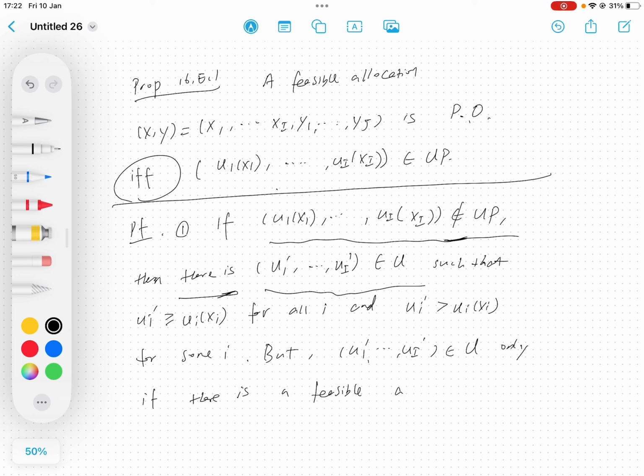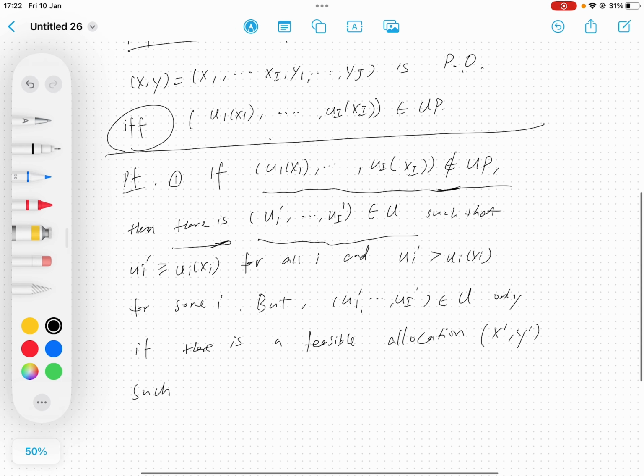But this u1 prime up to uI prime is in U only if there is a feasible allocation (x prime, y prime) such that ui(xi prime) is greater than or equal to ui prime for all i.